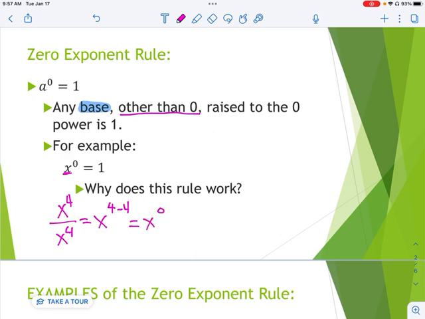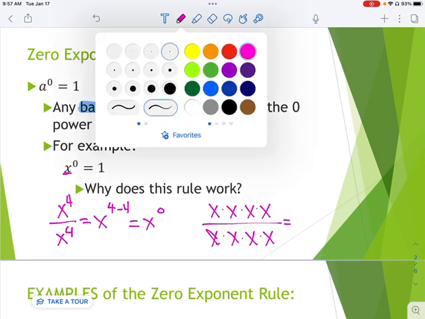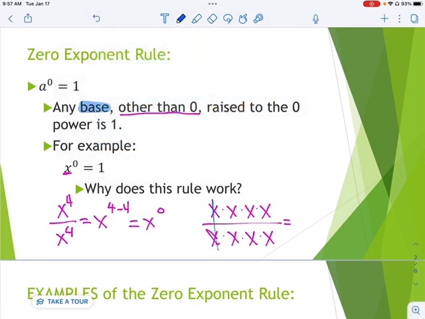Also, if we go back to the basic definition, x to the 4th means x times x times x times x over x times x times x times x. Now, when we look at those x's like that, remember we can simplify. So x over x simplifies to a 1, x over x simplifies to a 1, x over x simplifies to a 1, and x over x simplifies to a 1. So 1 times 1 times 1 times 1 equals 1.